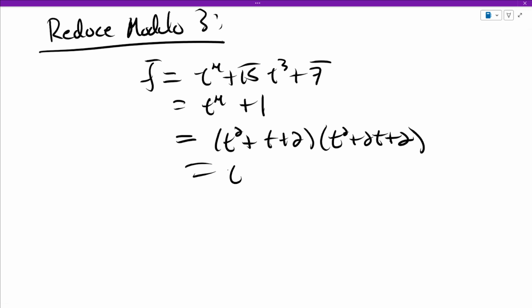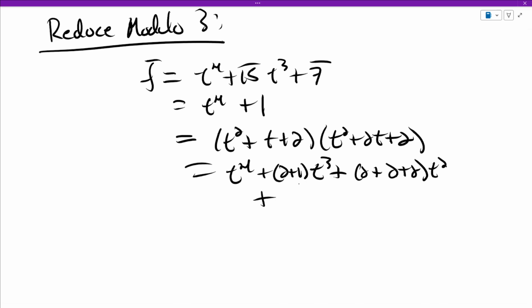So we'll get t to the 4th, and then for our cubic terms, we're going to get 2t cubed plus t cubed, so that's 2 plus 1. For our quadratic terms, we're going to get 2 plus 2 plus 2.